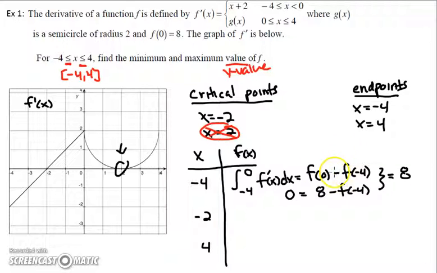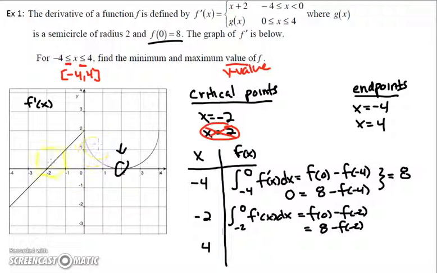So we just have to do that same process for -2 and 4. So we're going to integrate from -2 to 0. Again, we're using 0 because we know that the integral of f prime of x dx is going to equal f of 0 minus f of -2. We know f of 0 is 8.